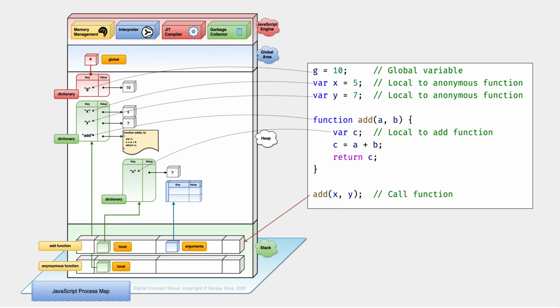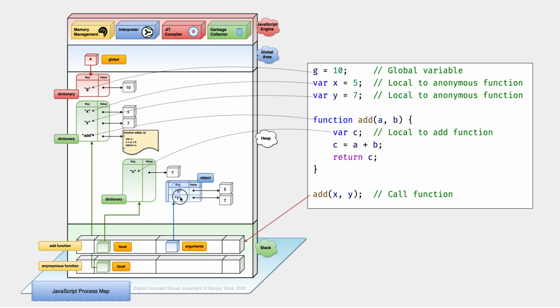And these values of x and y, which are 5 and 7, would actually be passed in the arguments object as 0 and 1. These 0 and 1 make it appear as if it's an array, but it's not.